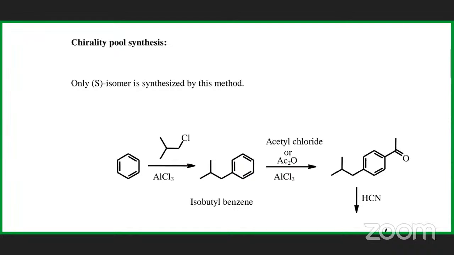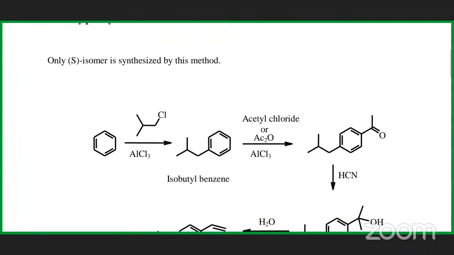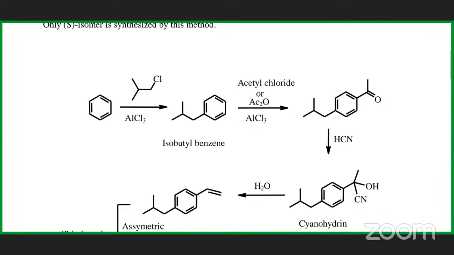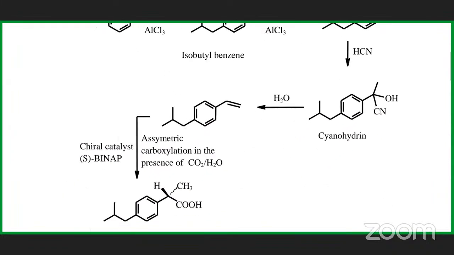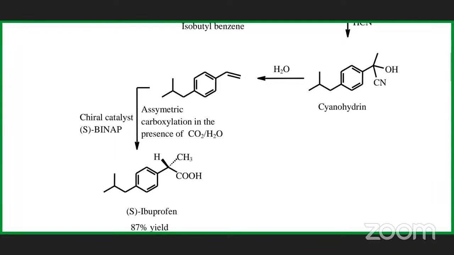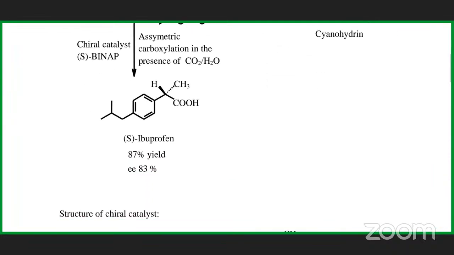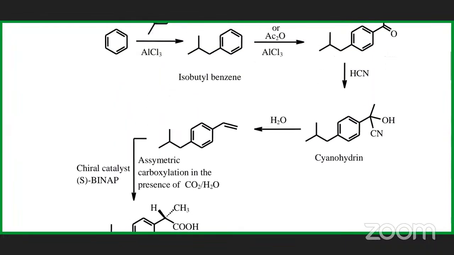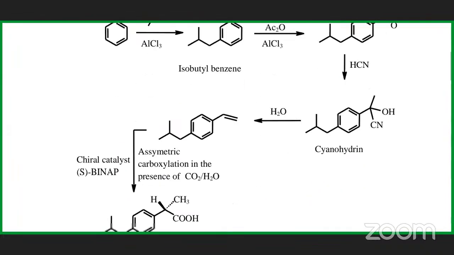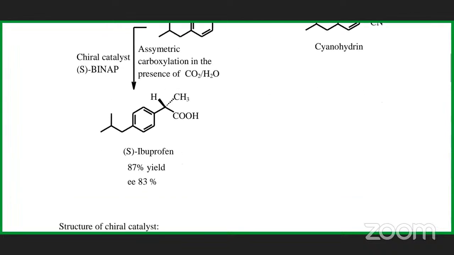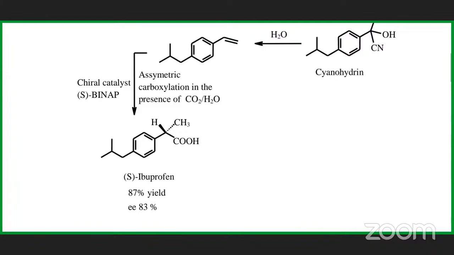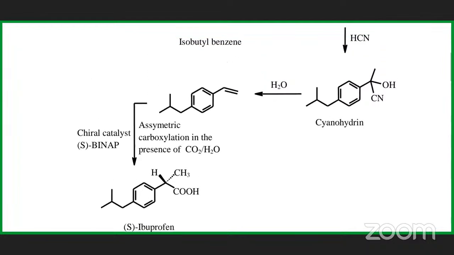And the chiral pool synthesis. This is somewhat the same as the synthesis above, but here we'll use the chiral catalyst for the separation. For the resolution purpose we used this particular cinchonidine base, but here we are using a chiral catalyst. That is the difference.